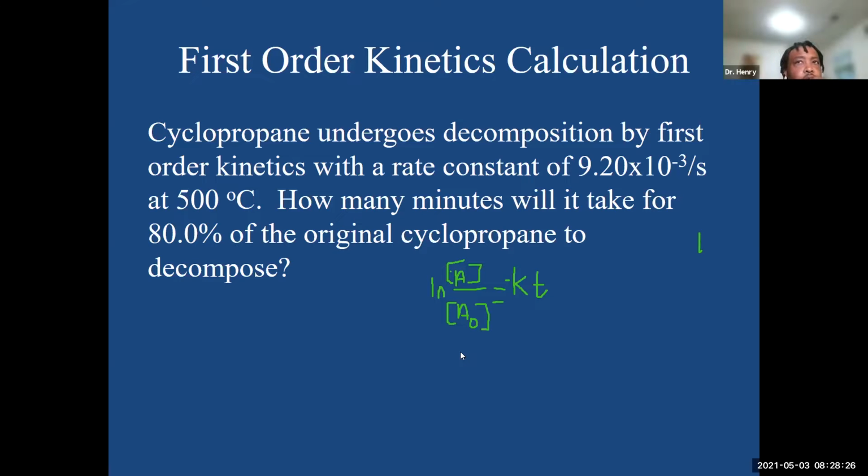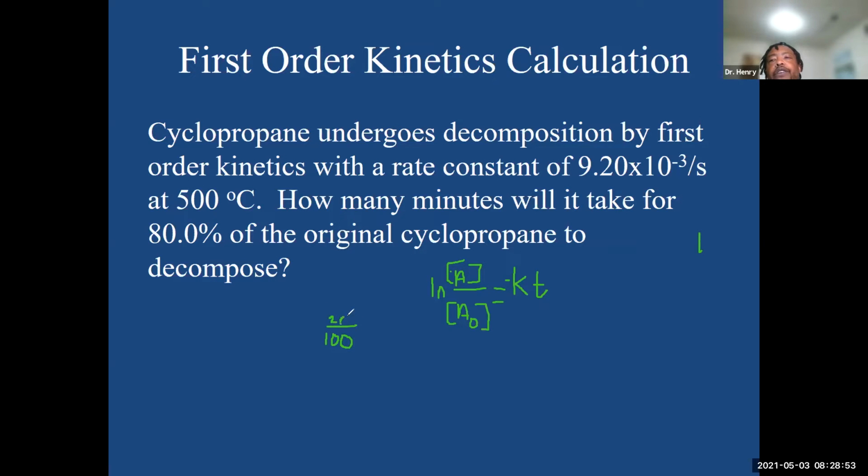If your initial was 100% and you decompose so that you lose about 80%, then the percentage at time t would be 20%.